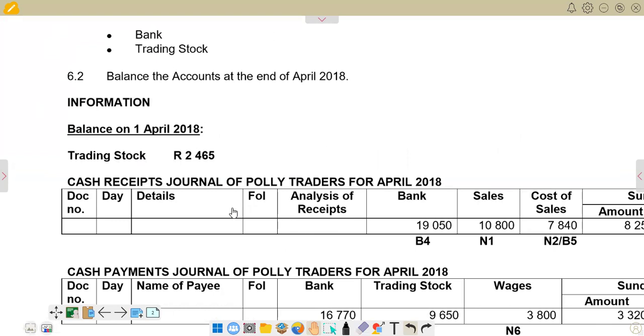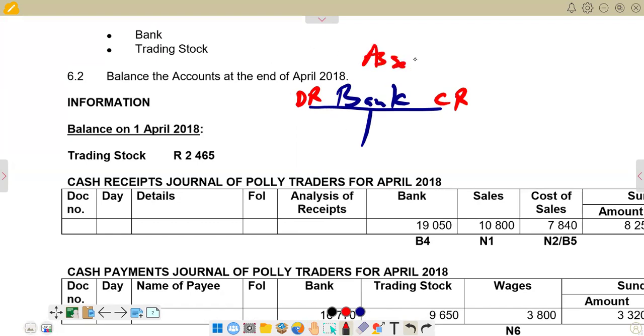So remember, the bank account is an asset account. Let's just try to summarize it here. This is our bank. And remember, this side represents the debit side, and this side represents the credit side. So assets, when they are debited, it's a plus.